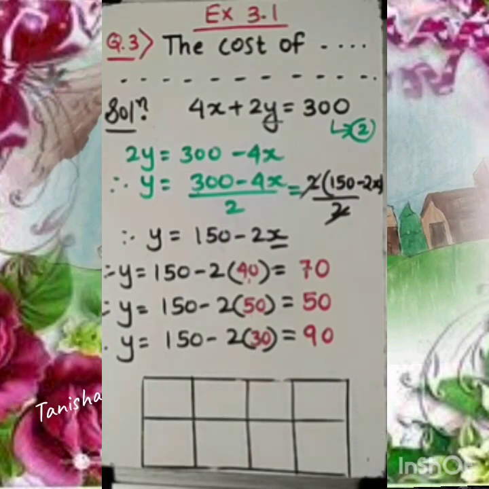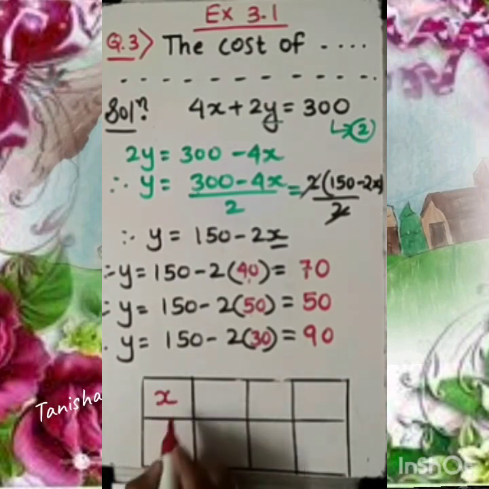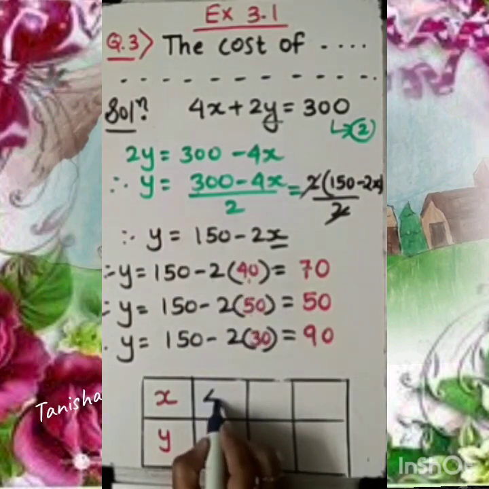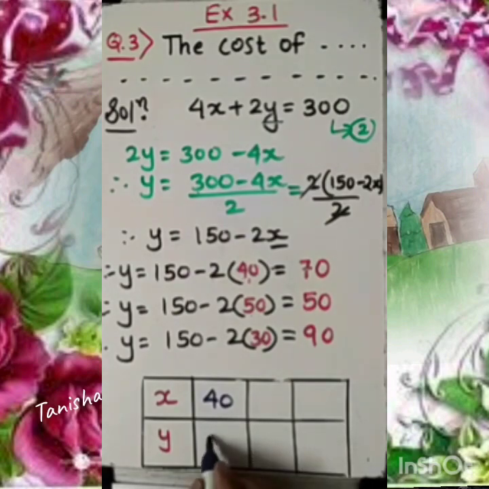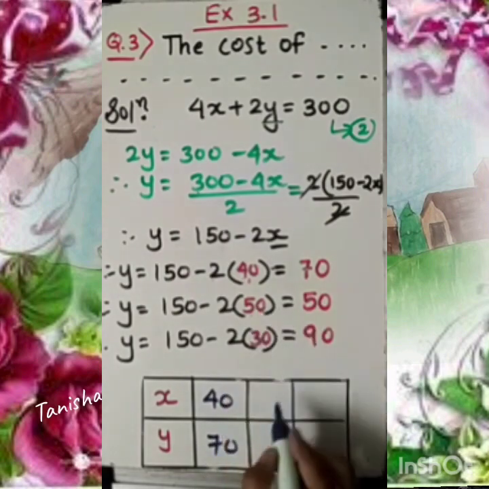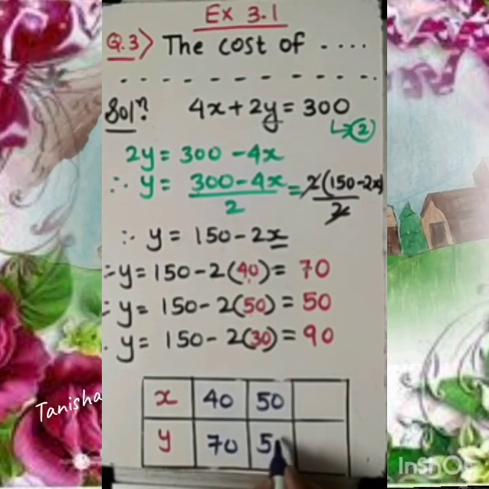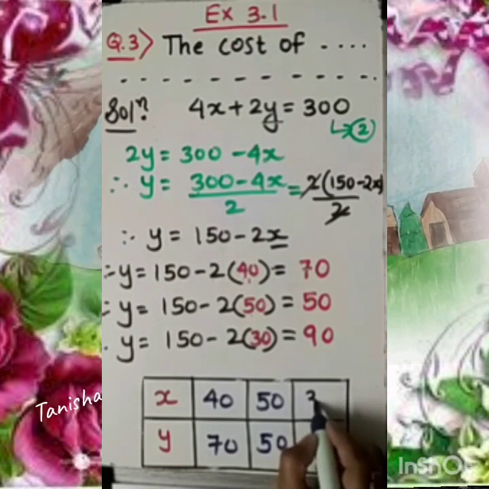Which value we have taken in place of x in the beginning? Of course it is 40, so this is giving the result 70. Second, I took the value of x 50 and again I got the value of y is also 50. If I choose here 30, then the result is 90.